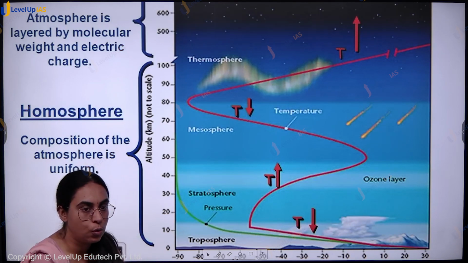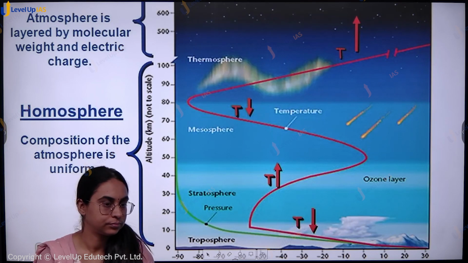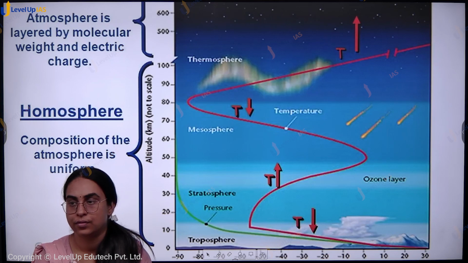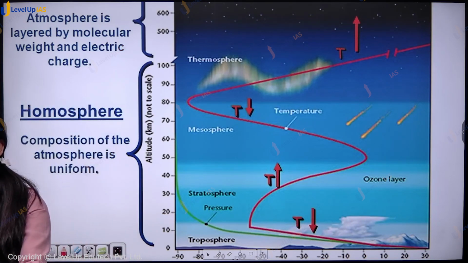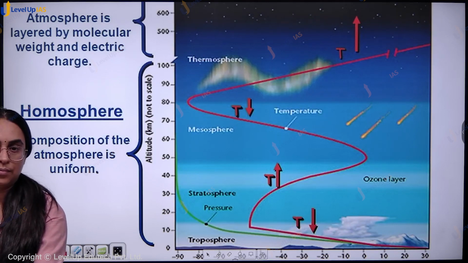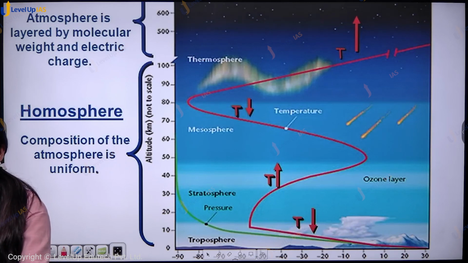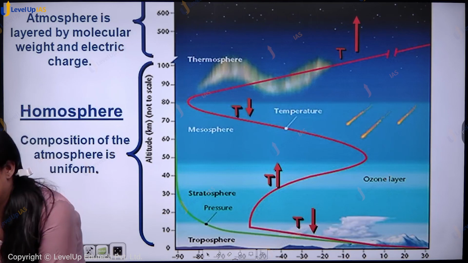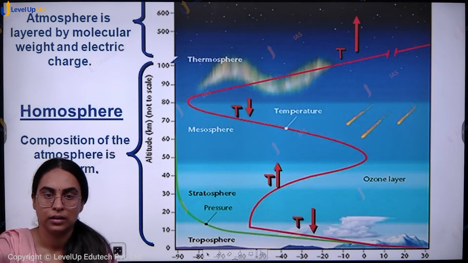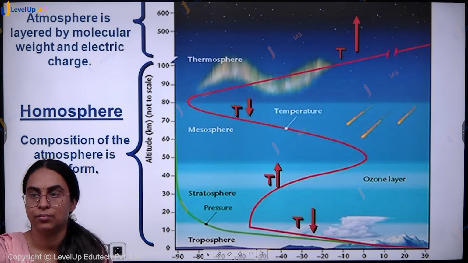Okay. You can write: the lower layers have nitrogen molecules and nitrogen ions, along with oxygen ions and oxygen molecules, while the upper layers have hydrogen and helium molecules.